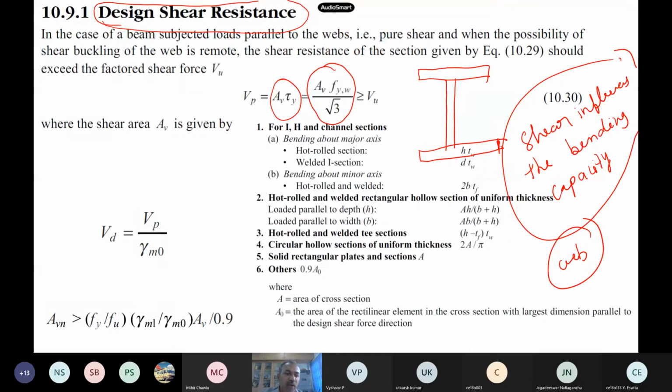So this is the design shear capacity of my section itself. If the shear force coming on the beam is less than 0.6 times Vd, then we call it a low shear, otherwise a high shear. So the starting point is to calculate the shear force and the shear capacity of the structure itself.